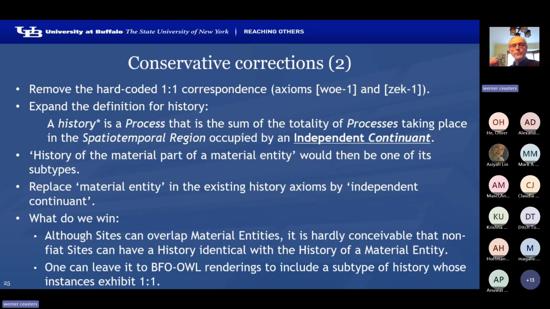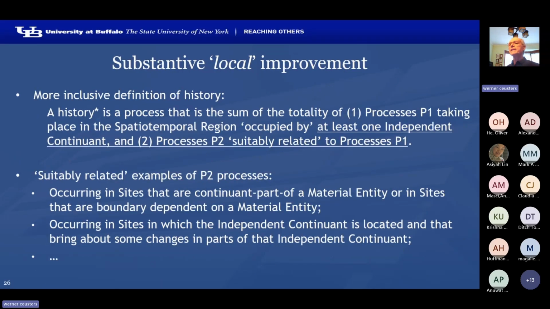It is very hard to come up with a practical scenario of that, and I had to resort to Captain Picard and his Star Trek Enterprise to find some example that might work. But otherwise, I can't think of any. And like I said, one can leave it to BFO OWL renderings to include a subtype of history whose instances indeed exhibit one-to-one correspondence. Now, better, I think, is to make some more substantive improvements.